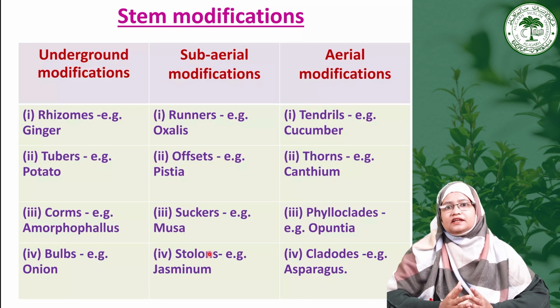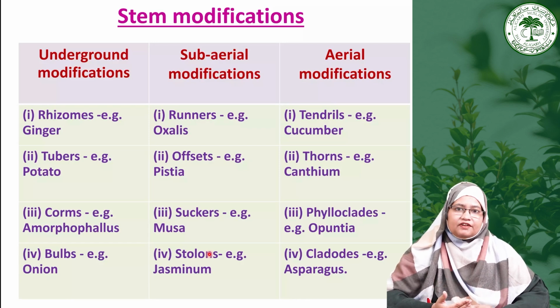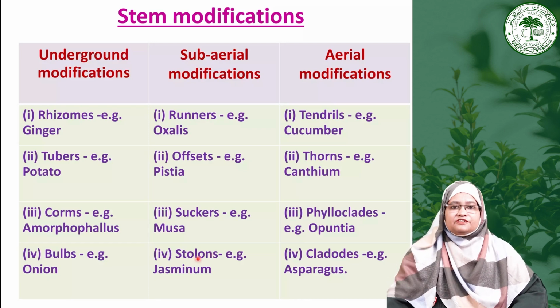Earlier we have seen that in the roots there are modifications, that is, the taproot modifications and the adventitious root modifications. In the stem, the modification is divided into three categories: underground modification, that is, part of the soil system, then subaerial modifications and aerial modifications.